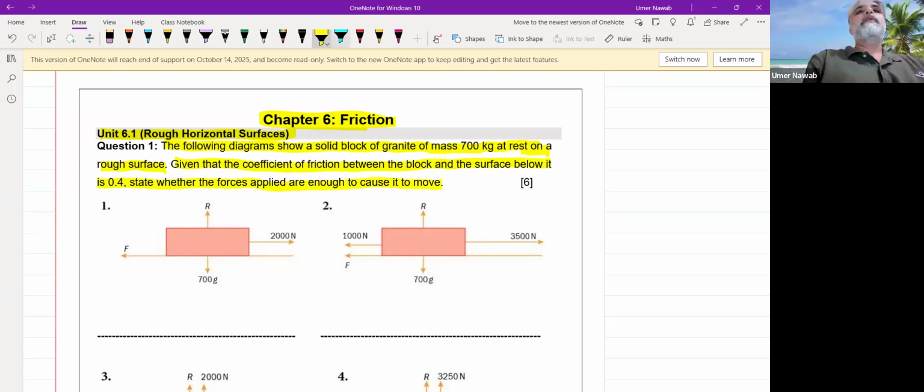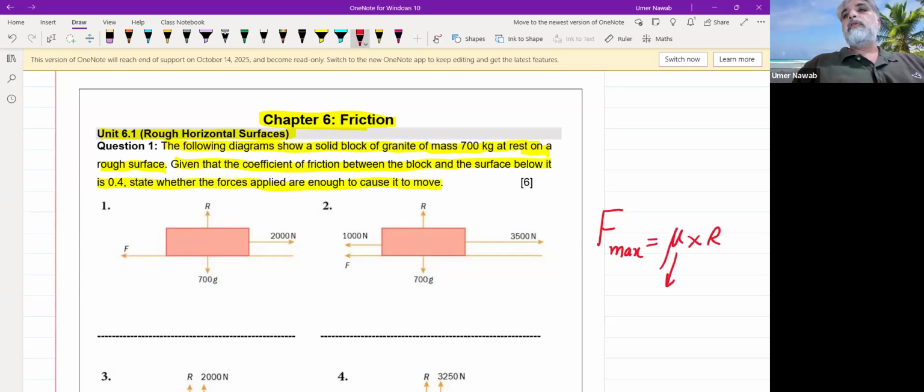So one thing we need to understand: what is the limiting friction? The formula for the limiting friction, I can call it F max, is equal to mu R. Mu is called the coefficient of friction, where R is the normal reaction.